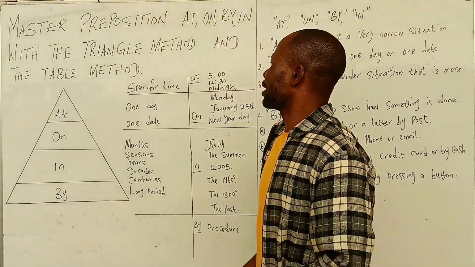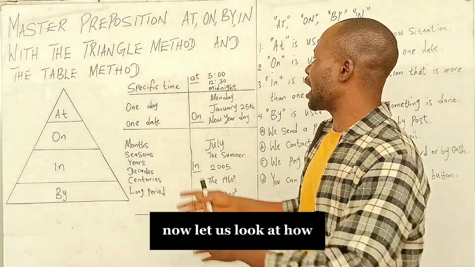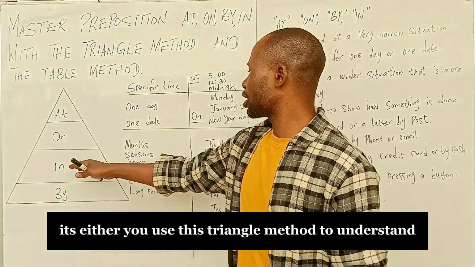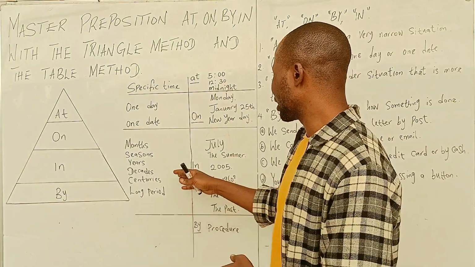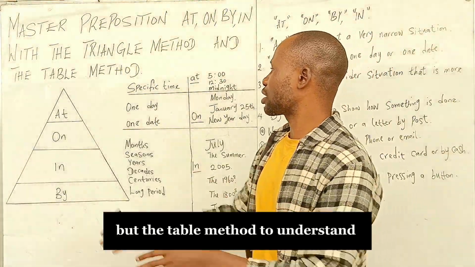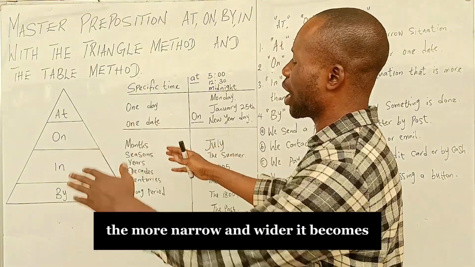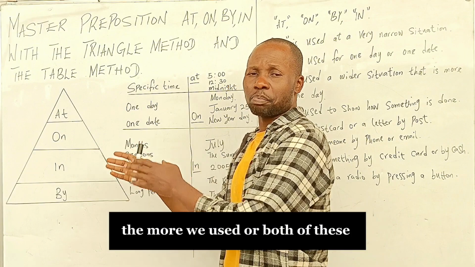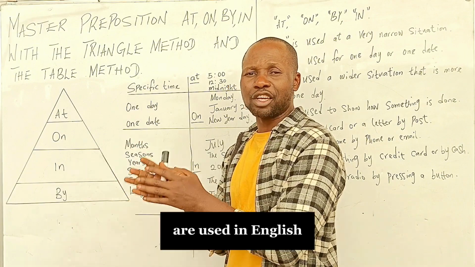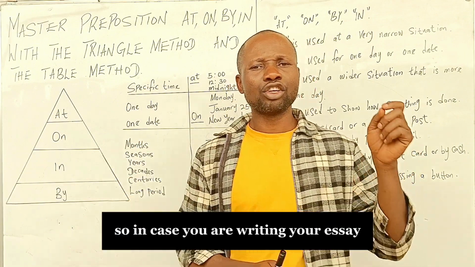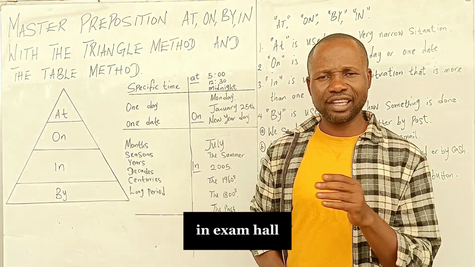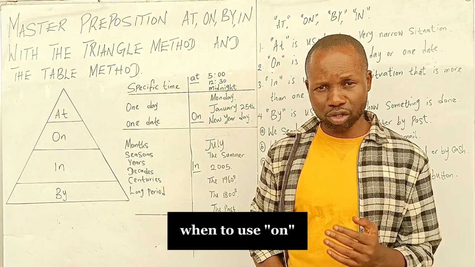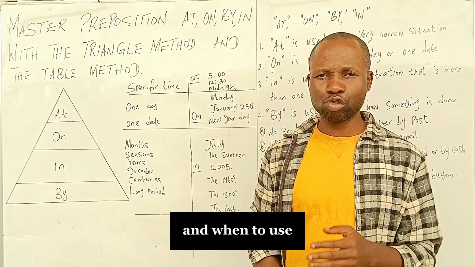It's neither that you use this triangle to understand or the table method to understand, but the more narrow and wider it becomes, the more we use both of these prepositions in English. So in case you are writing your essay in the exam hall, you will know when to use at, when to use on, when to use in, and when to use by.